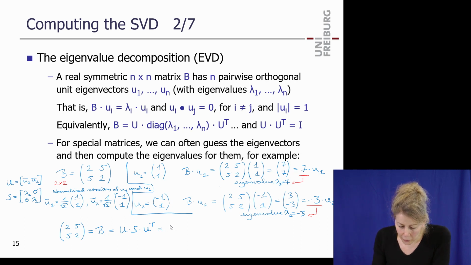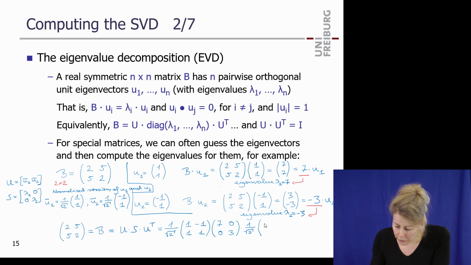So this is equal to 1 over square root of 2 times the matrix with the 2 vectors, (1, 1) and (minus 1, 1), times now the diagonal matrix, 7, 0, 0, 3. And now again, the transpose, the factor is not touched by the transpose.